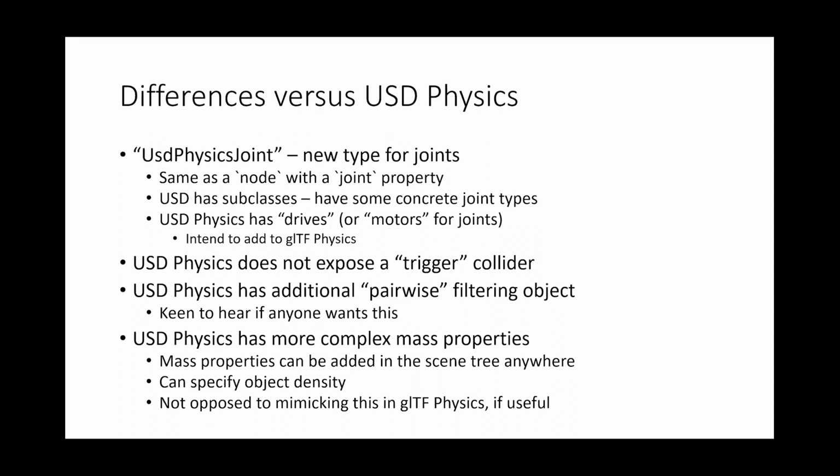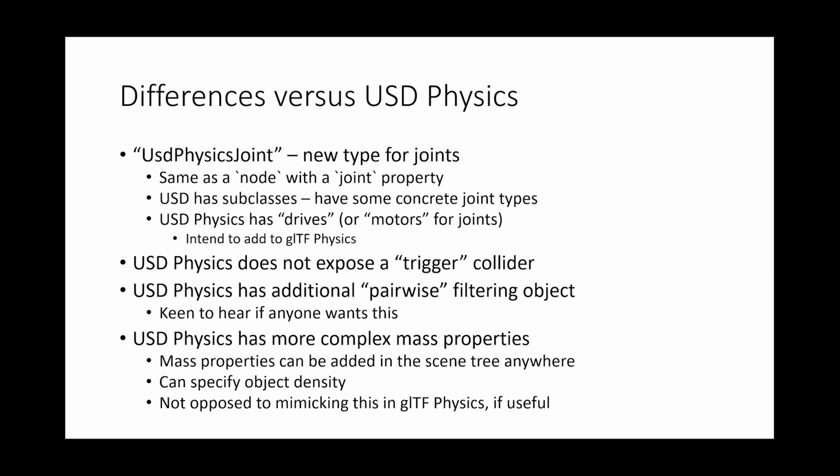And USD physics has a more complicated mass properties object. While glTF physics lets you specify the mass and inertia and center of mass on the rigid body node, USD physics lets you assign mass properties anywhere in the tree, and it has a set of rules for how those should be composed and how they should take priority over each other.